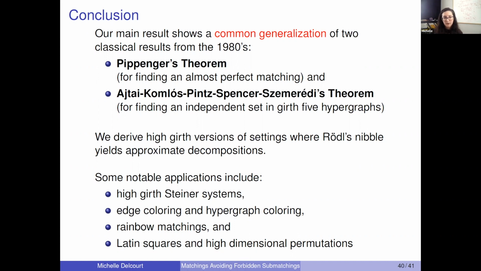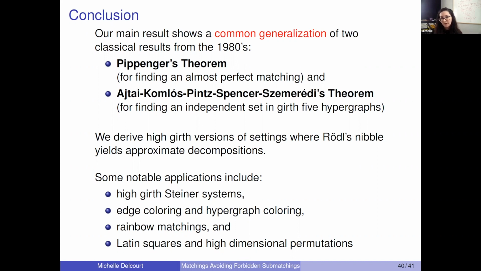And we also, in general, in settings where the Rödl nibble could give you approximate decompositions, you can define the correct high girth analog using these forbidden matchings. So in our original paper, we explore Steiner systems, edge coloring, vertex coloring, rainbow matchings, Latin squares, and high dimensional permutations.